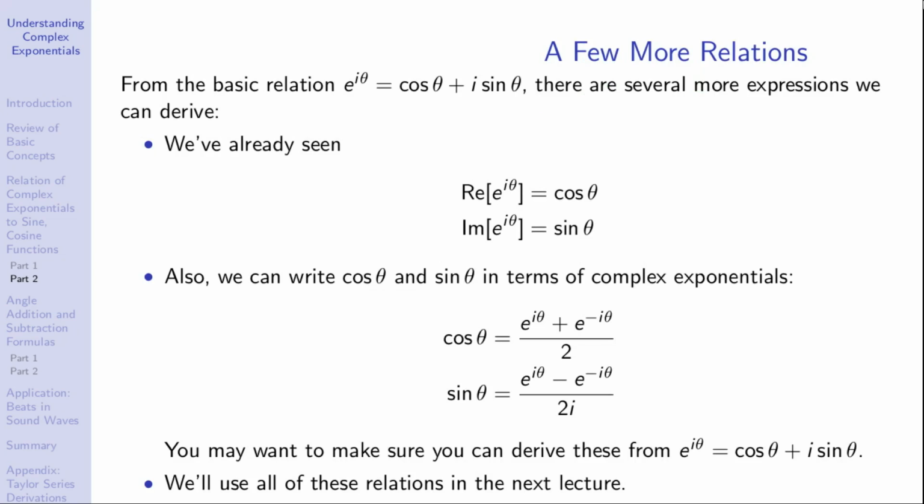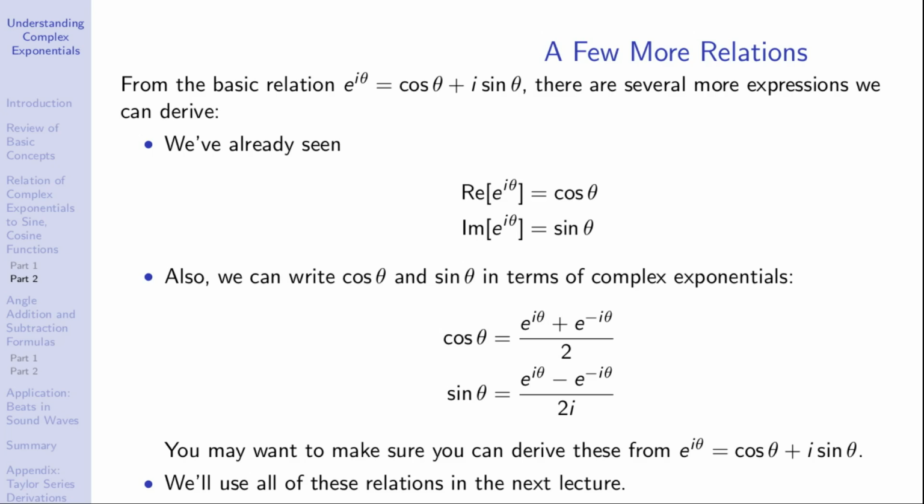Okay, let's look at a few more useful relations. From the basic relation e to the i theta equals cosine theta plus i sine theta, there are several more expressions we can derive. We've already seen that the real part of e to the i theta is equal to the cosine of theta, and that the imaginary part of e to the i theta is equal to the sine of theta. We can also write cosine theta and sine theta in terms of complex exponentials.